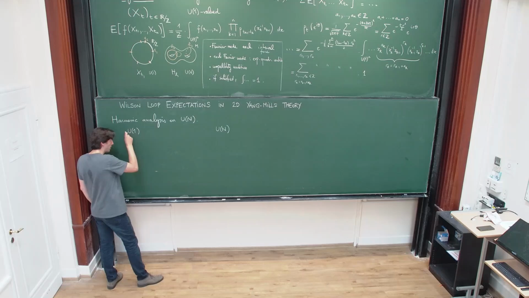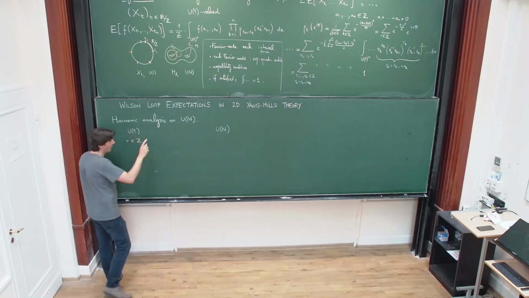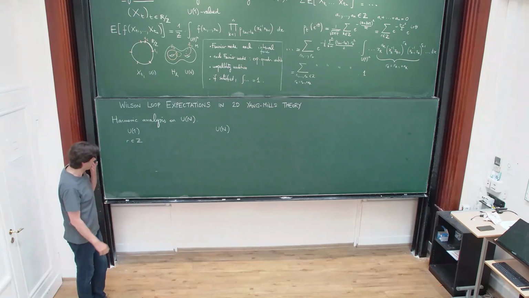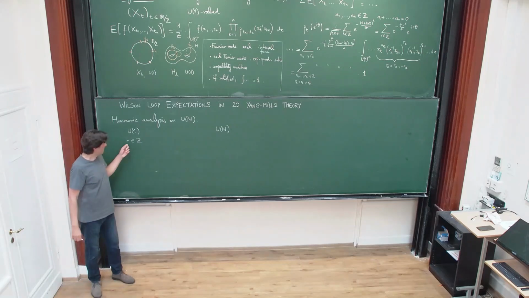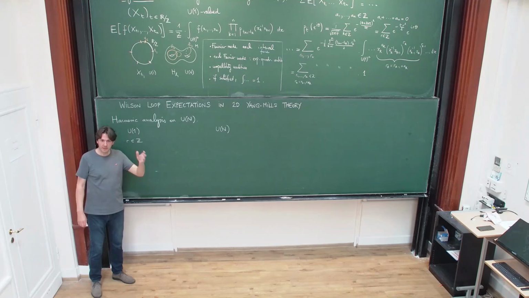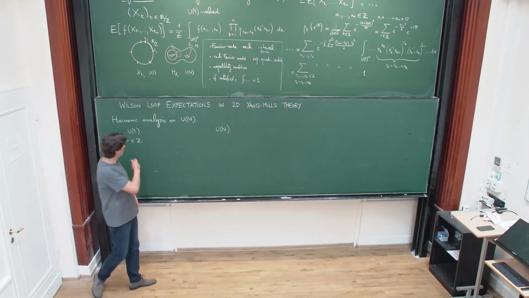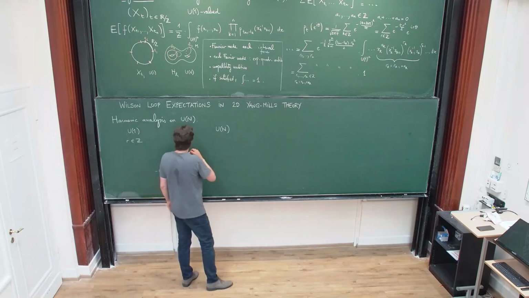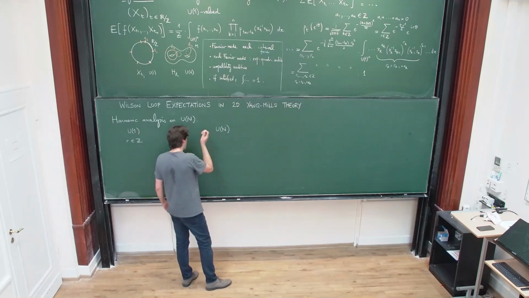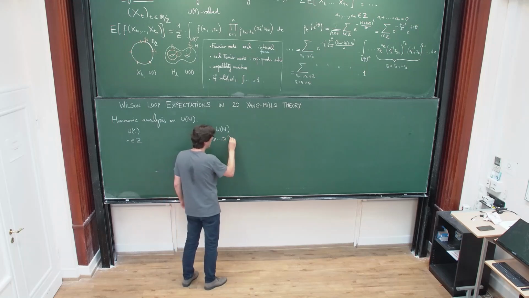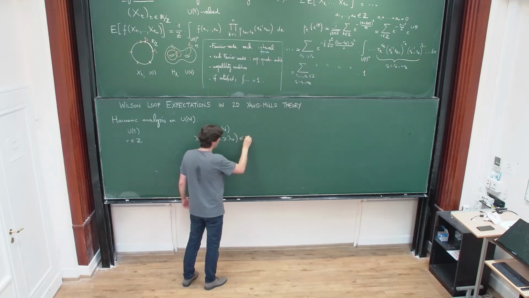The Fourier modes on U1 are given by one integer. This is the R that we had before. This means that for every R, there is a nice function on U1, which is the character. Fourier modes on UN are parametrized in many ways, but one convenient way is to parameterize it by non-increasing sequences of integers.